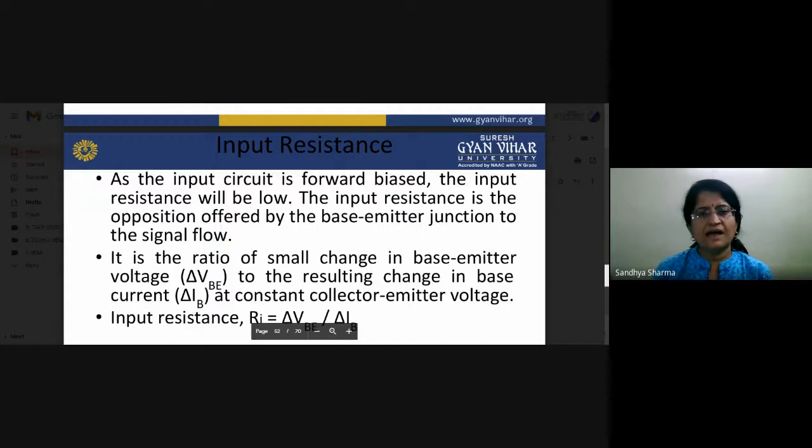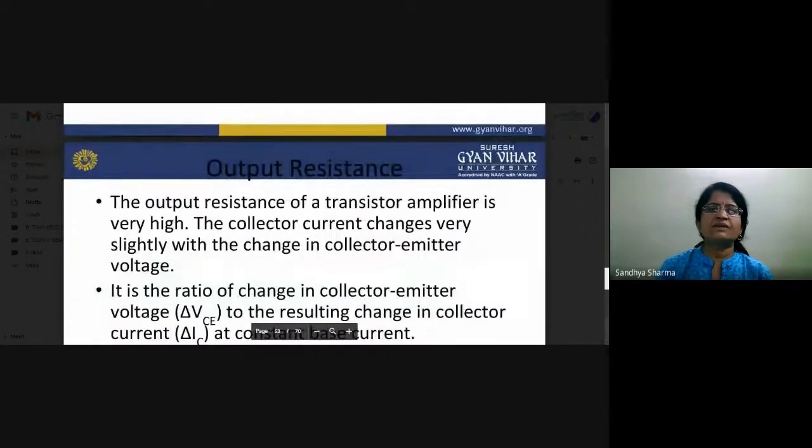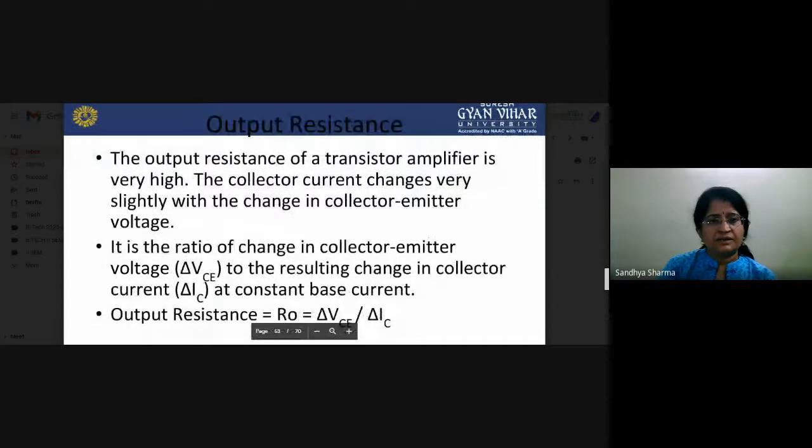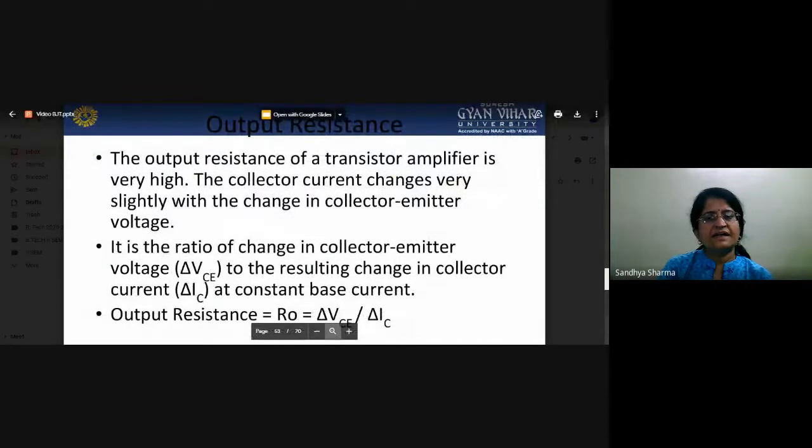Now we can also look at the output resistance, which depends on the particular conditions you apply. Here the collector current will be very high due to the reverse biasing. The output resistance is del VC upon del IC.